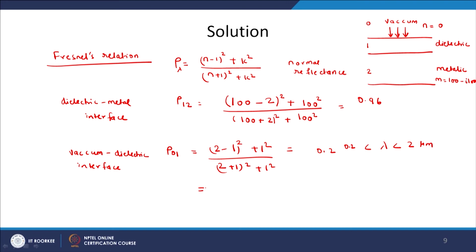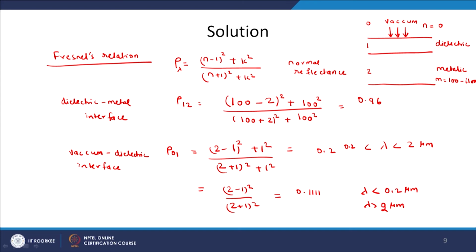The same value, (2 minus 1) squared divided by (2 plus 1) squared, is equal to 0.111 for the wavelength region less than 0.2 micrometer and greater than 2 micrometer. So, this is going to be the reflectance at this interface.